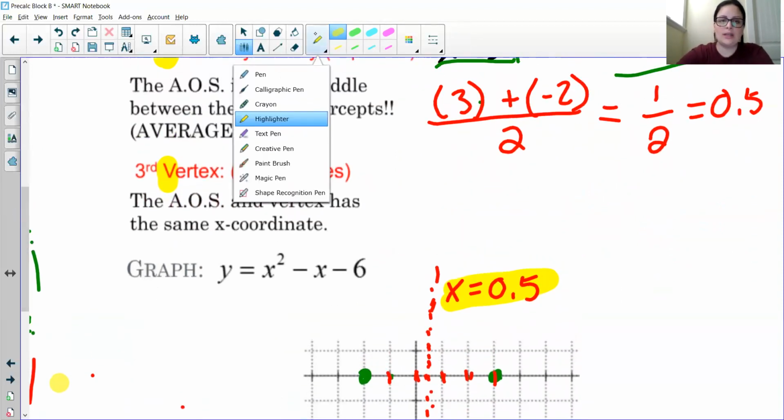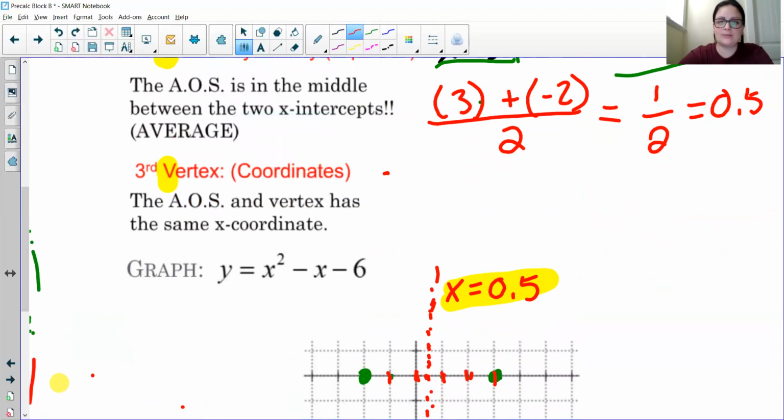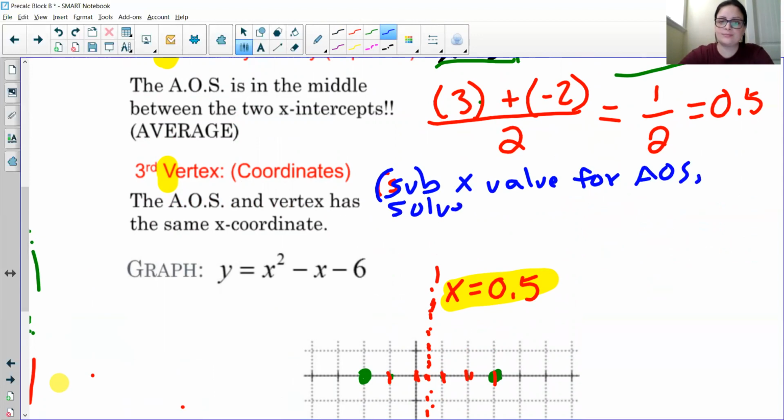So we are going to substitute, just want to do that in a different color, substitute the x value for the axis of symmetry, and solve for y.